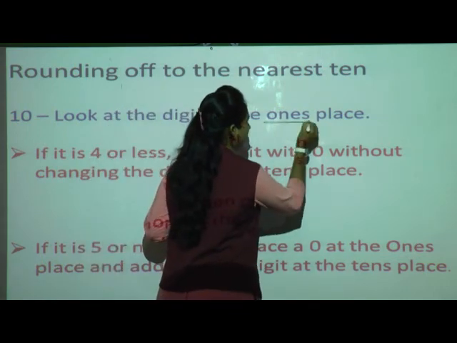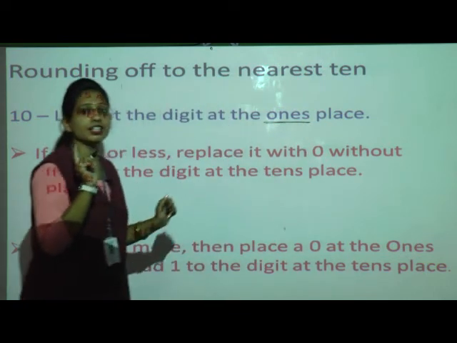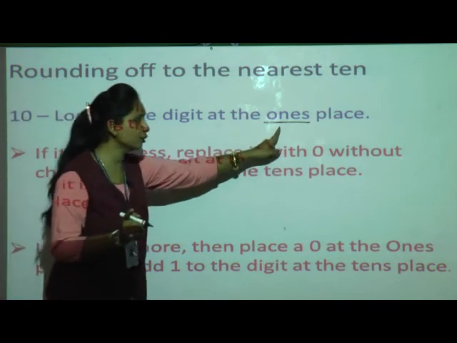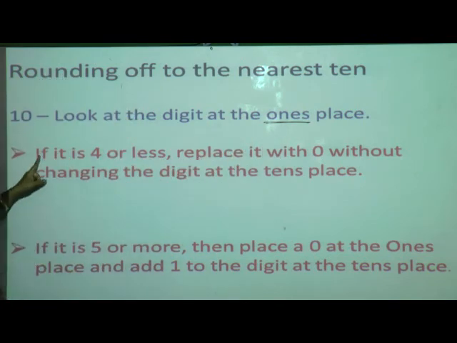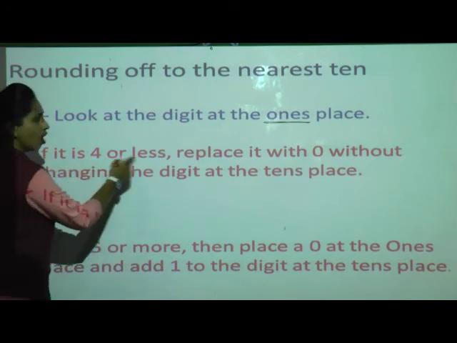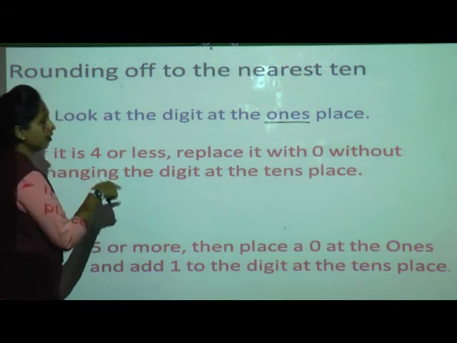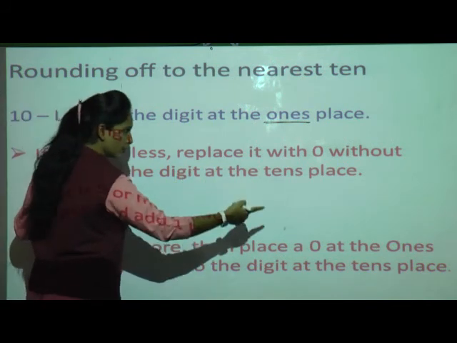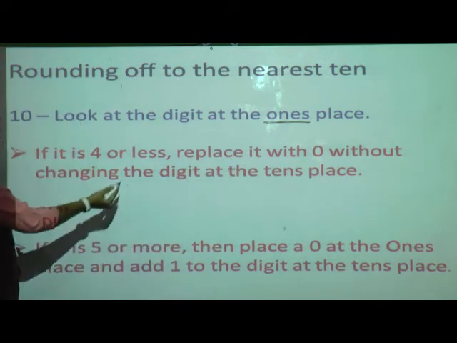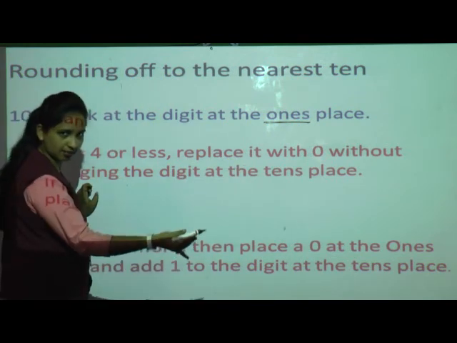Keep in mind, the ones place. And what do you have to do next? If it is 4 or less, replace it with 0 without changing the digit at the tens place.